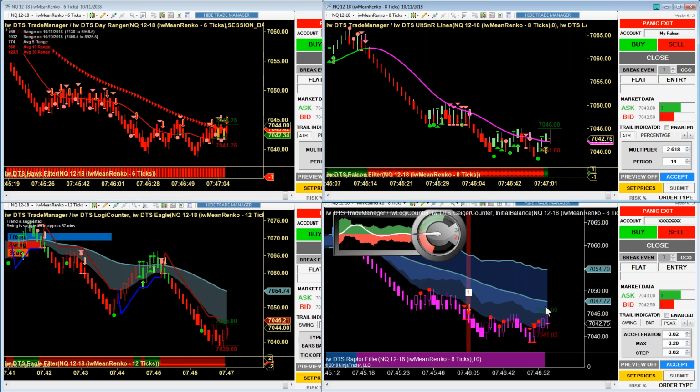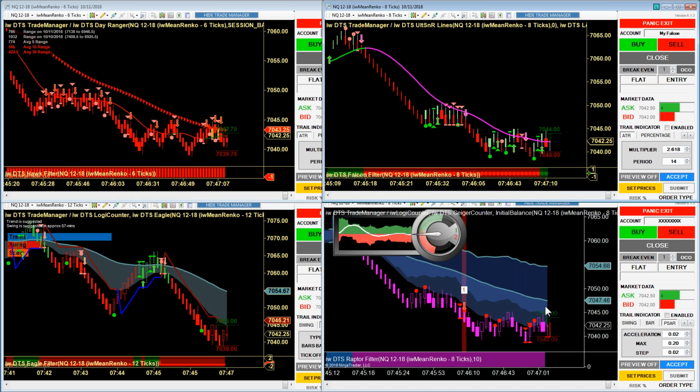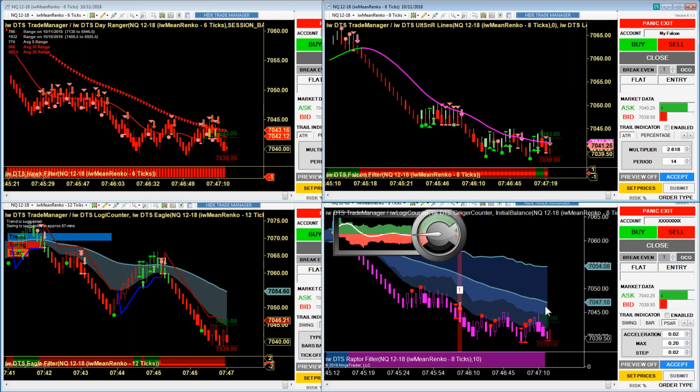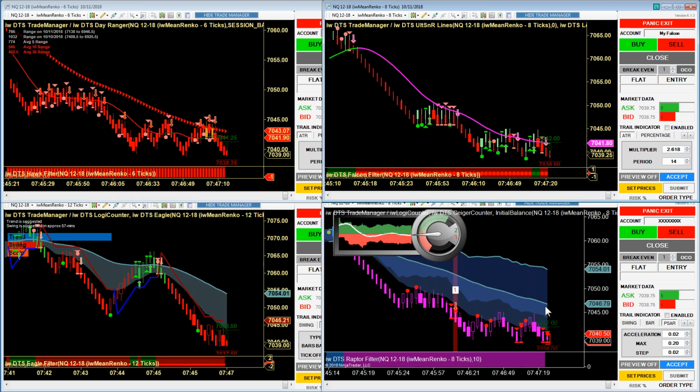Craziness. Mark says more like a 7-arrow consolidation. That's exactly what it is.